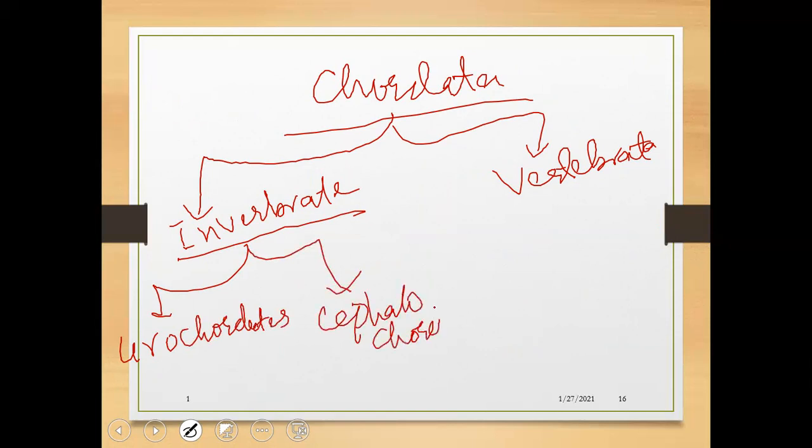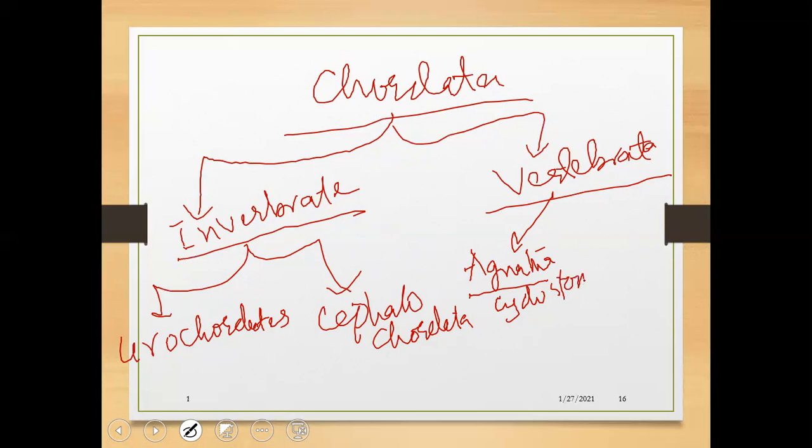These are the subphyla we can say here. Vertebrates are divided into one, the agnatha or cyclostomes, and the other, the gnathostomes.